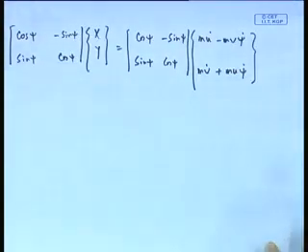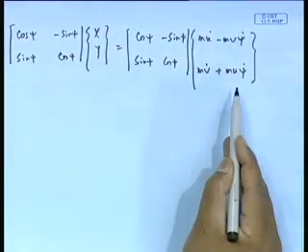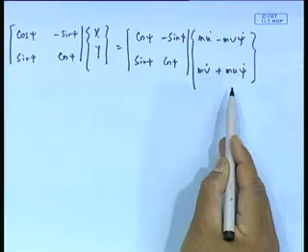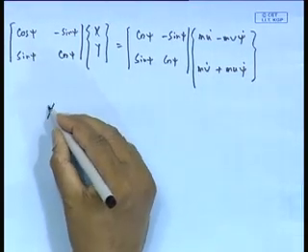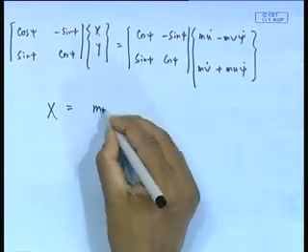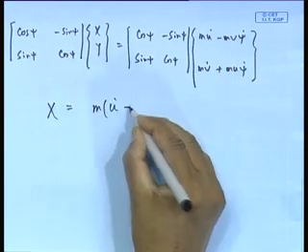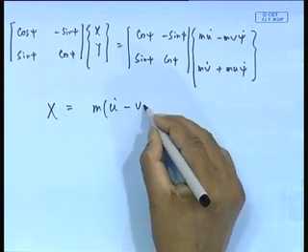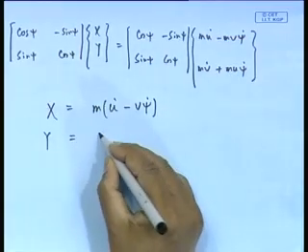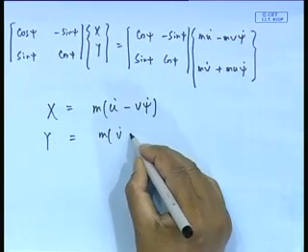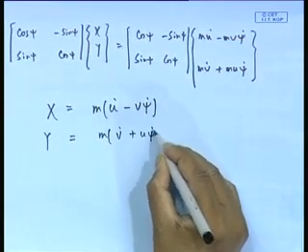So, if you root that, immediately you know x equal to this, y equal to this. So that means what I get is, I will just write it down, x equal to m times u dot minus v psi dot, y equal to m times v dot plus u psi dot.